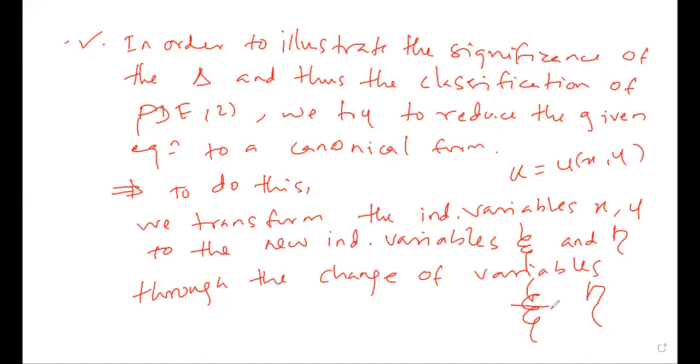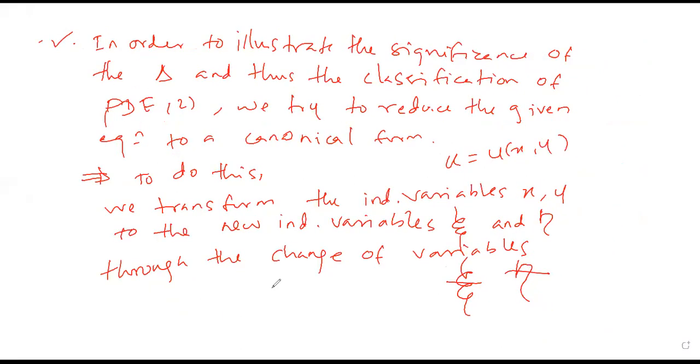So what I'm going to do is transform my independent variables x and y as theta equal to theta of x comma y, and eta as eta of x comma y.